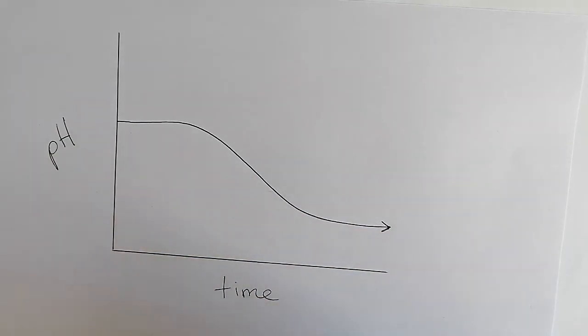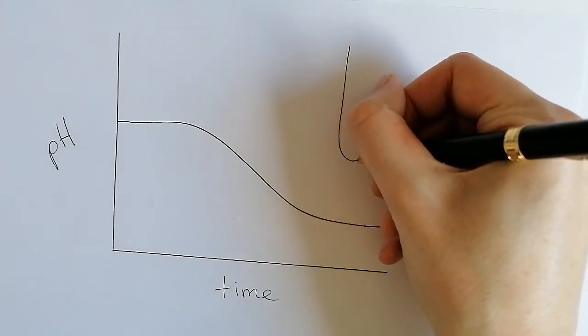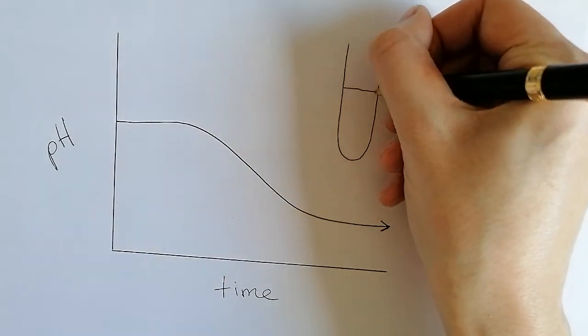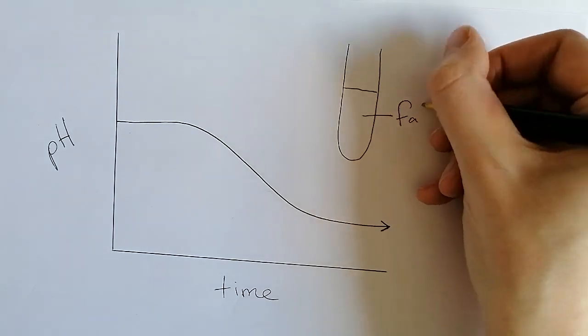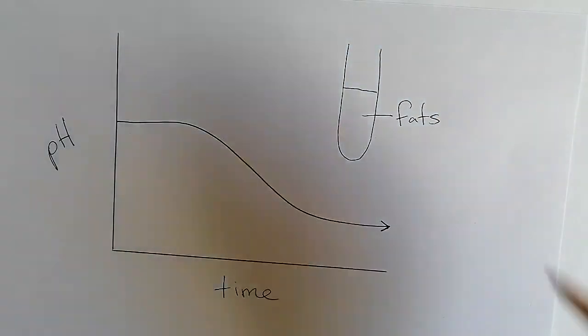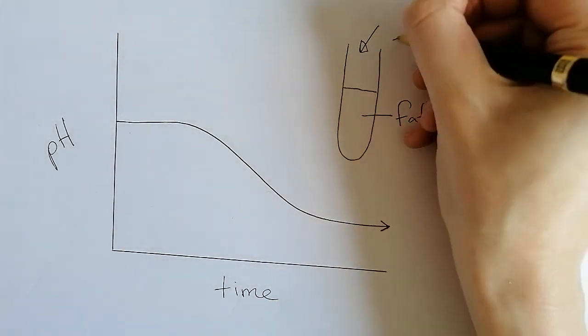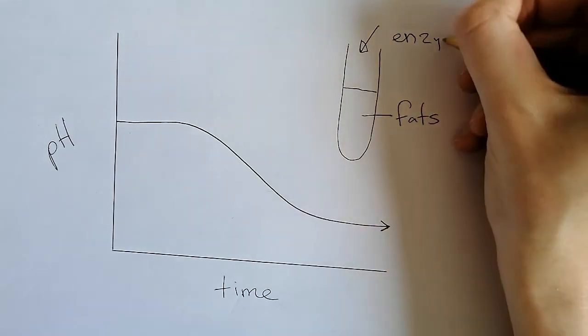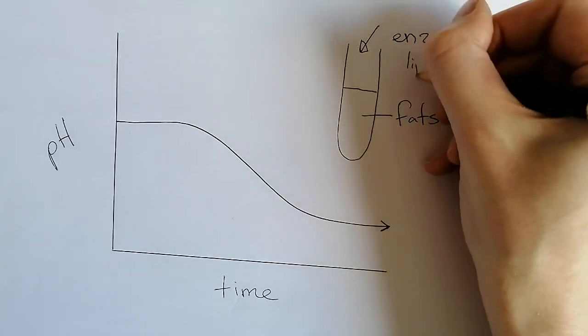This is the reaction profile, the story, if you like, for what happens in that test tube. So you have a test tube, and in that test tube, you have some fats. And then at some point or other, you add in the enzyme. In this case, it's going to be lipase.